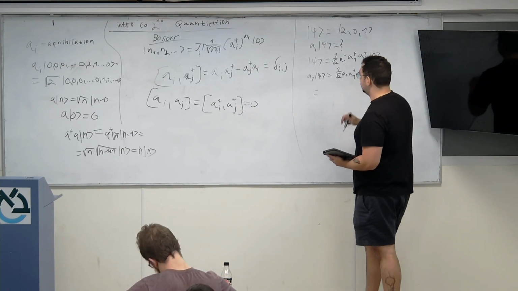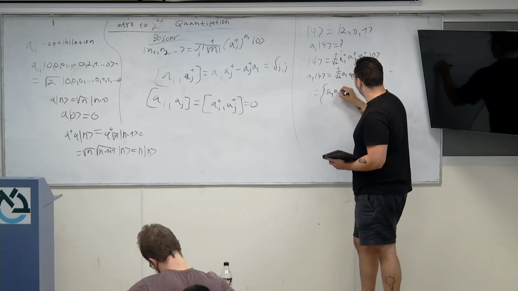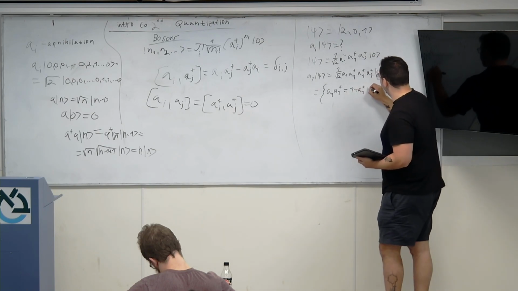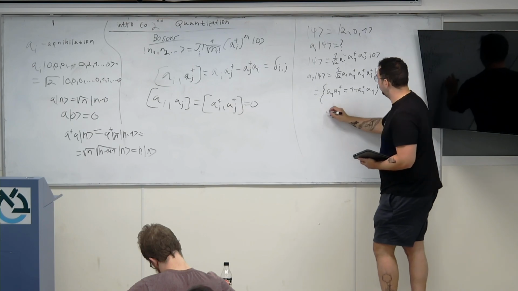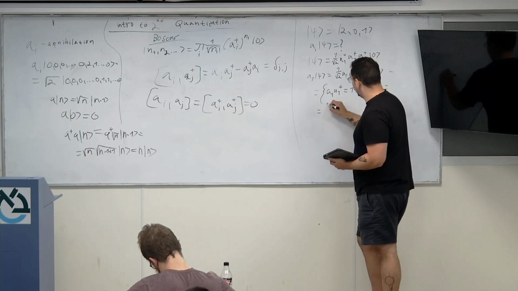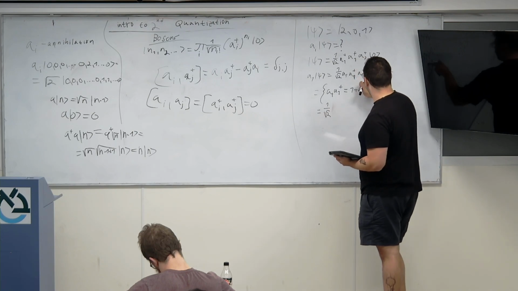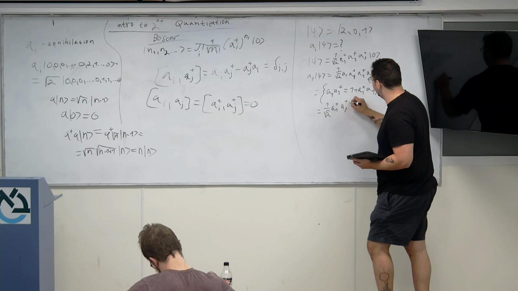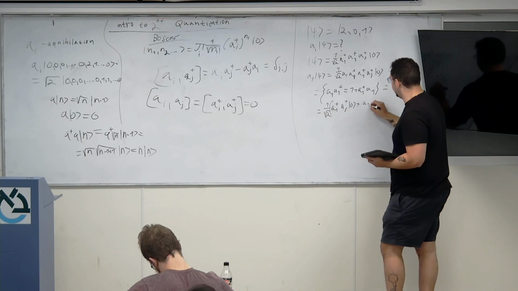So, flipping them once, we know that a1 a1 dagger equals 1 plus a1 dagger a1. So this one will be 1 over square root of 2, times 1, so these two go out, so a1 dagger, a3 dagger, vacuum, plus, I'm going to get the square root of 2 on the outside.